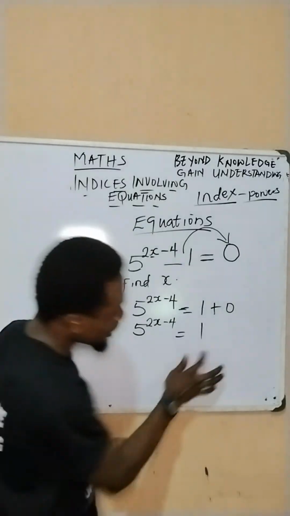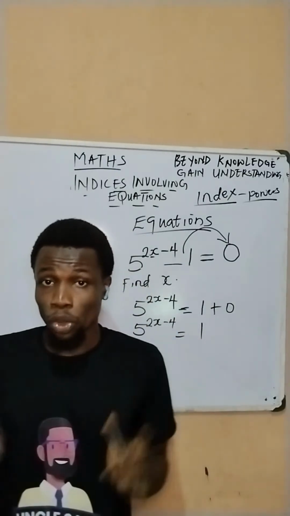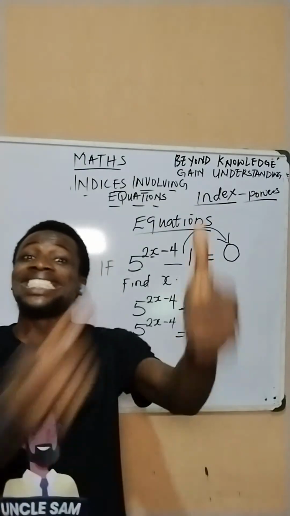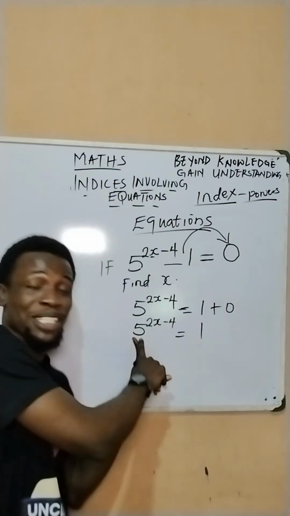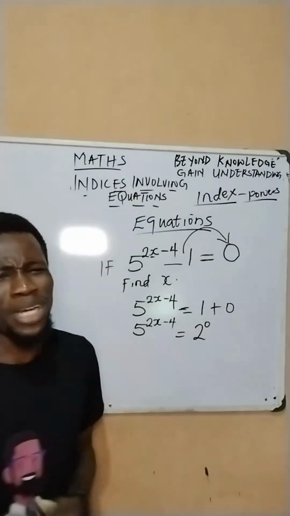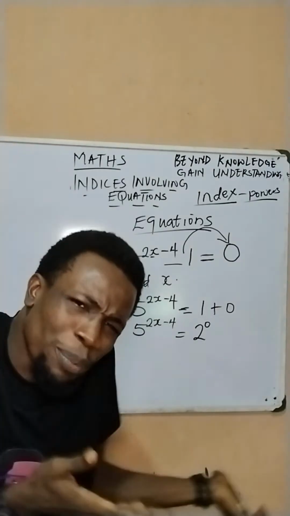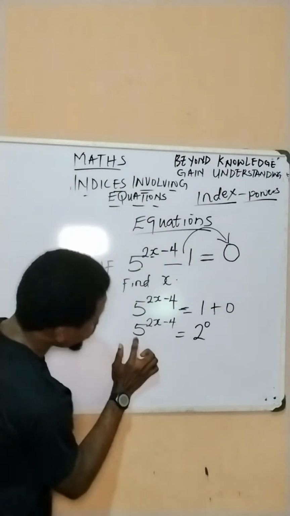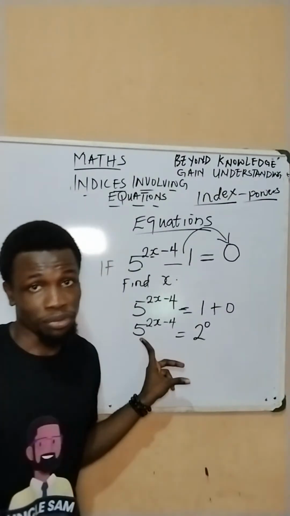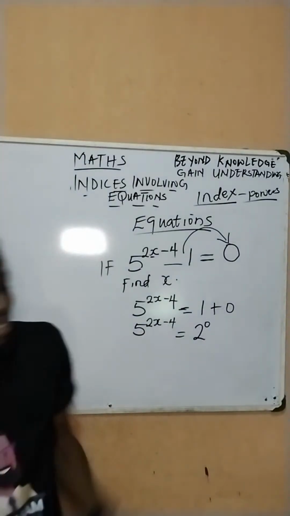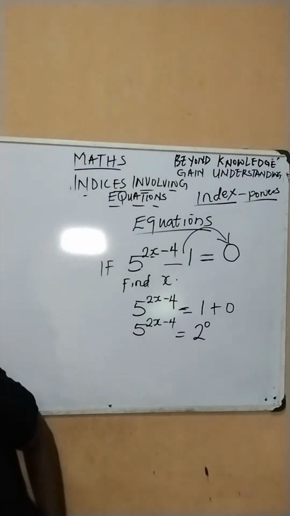So I can turn this 1 into any number raised to the power of 0. And what better number than the base we have here, which is 5? I don't need to turn it to 2 raised to the power of 0, because it's not going to help me here. So I'm simply going to make it a base of 5 with a power of 0, because that still gives me 1.